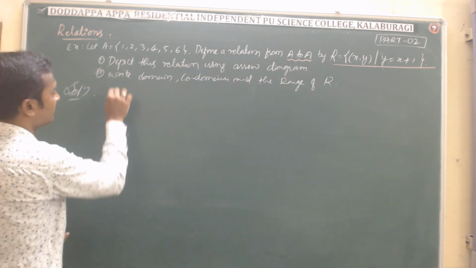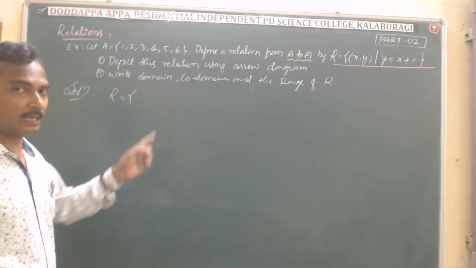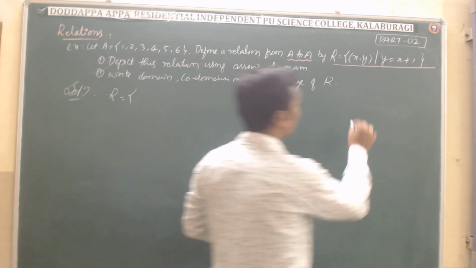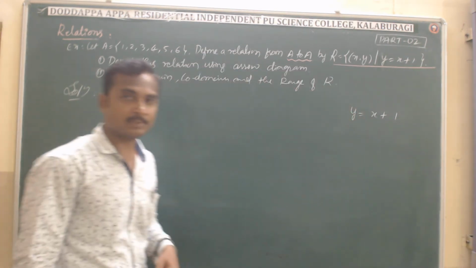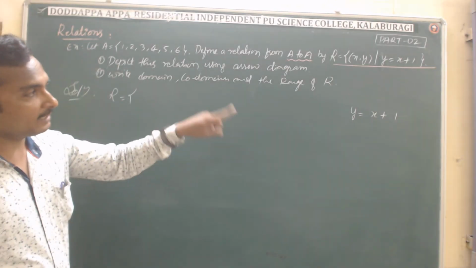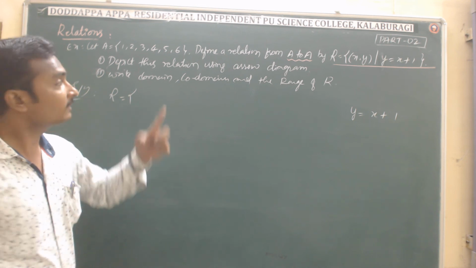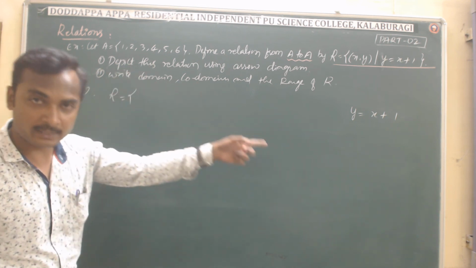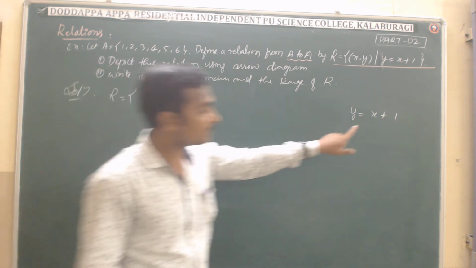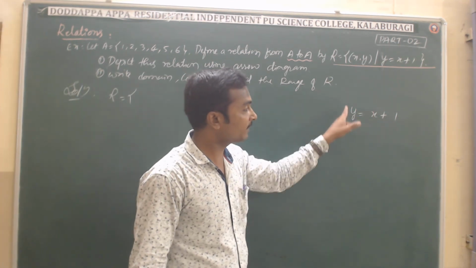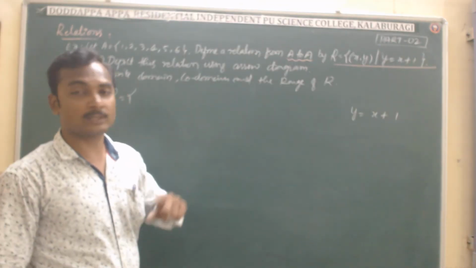Okay, you see the relation set R. For example, I will give a rough example here. What is the given condition? y equals x plus 1. As x and y are elements of the set A, we have to pick the elements from the set A only, such that both the element we pick and the resulting element must belong to the same set, because it is a Cartesian product of the same two sets.